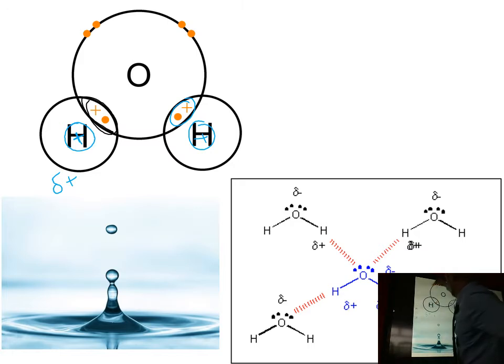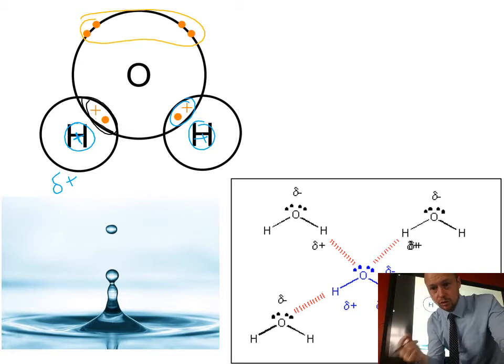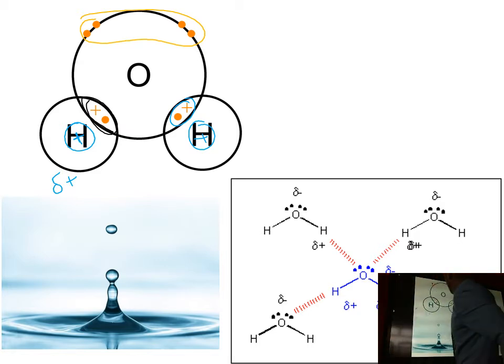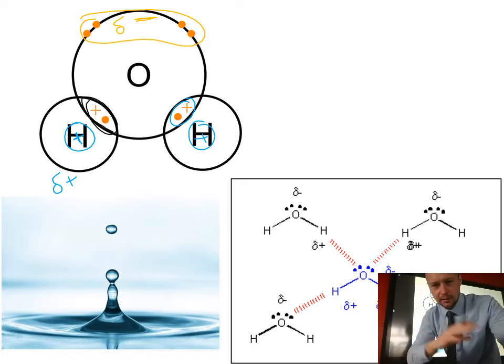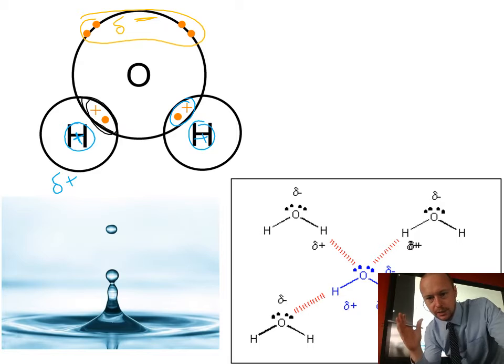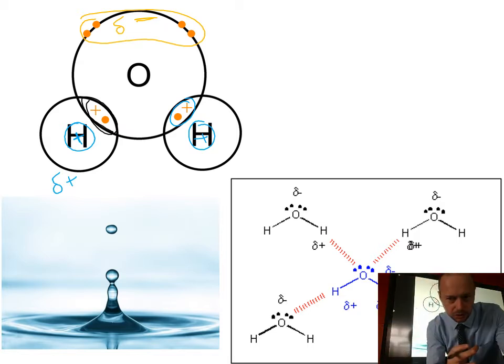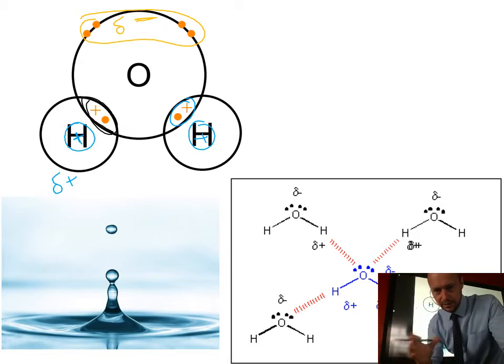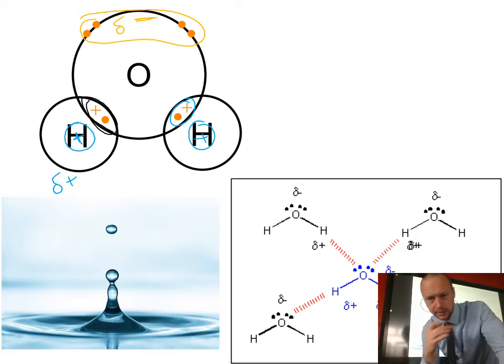So this side of the cell, because of these electrons, is slightly negative, delta negative. Forget about delta if you want, but part of the molecule is slightly negative, part of it is positive. So it acts like a little magnet. It's a polar molecule, we'll call this.